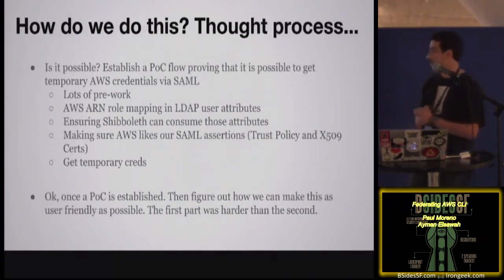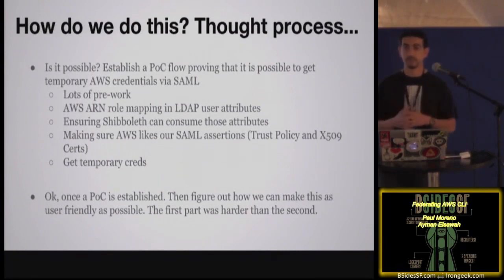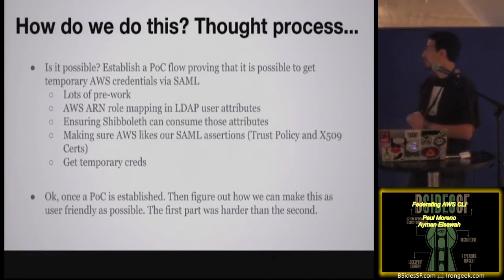So what do we do? Well, first, Paul was thinking, let's get a POC together. So we brainstormed and said, okay, let's get a POC for the flow and actually figure out if it's even possible, not necessarily automating it, not necessarily making it clean for the developers, but just making it work. So there's a lot of development, a lot of pre-work. Some of the ARNs had to be added as attributes for an LDAP.